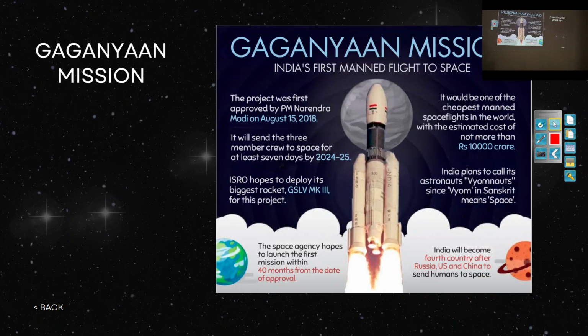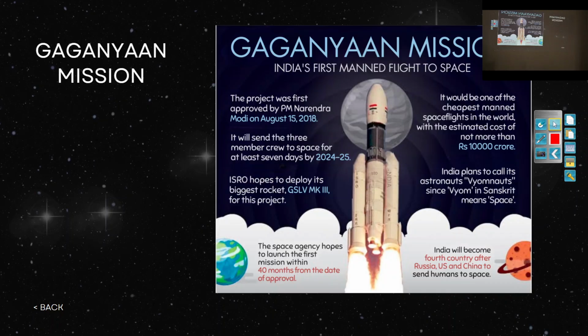They have selected 3 astronauts from the Indian Air Force and others. Subhanshu Shukla will be the captain, and the other 2 will be astronauts. He is the same person who recently went, some 3-4 months back, in a NASA spacecraft. So he will be traveling in the Gaganyaan mission also.